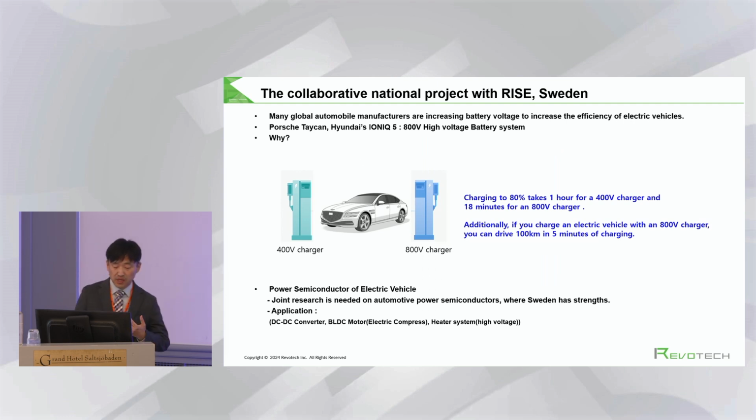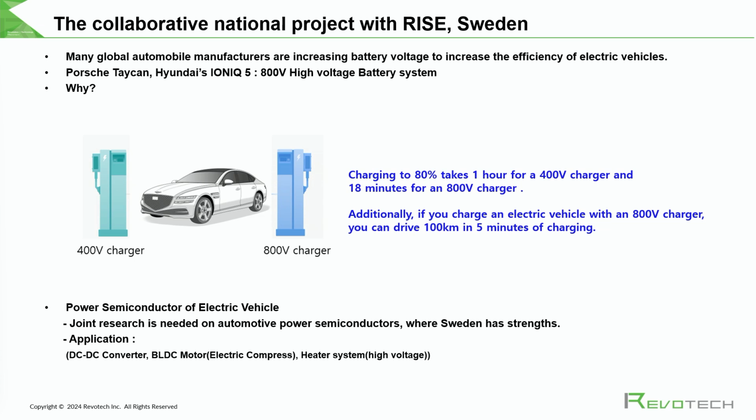When choosing an electric vehicle, the most important factors to consider after cost are the range and charging time. The range indicates how far an EV can travel on a single charge, while advancements like increasing the battery voltage from 400 volt to 800 volt can significantly reduce charging time, enabling a quick boost of about 100 kilometers in just 5 minutes of charging.